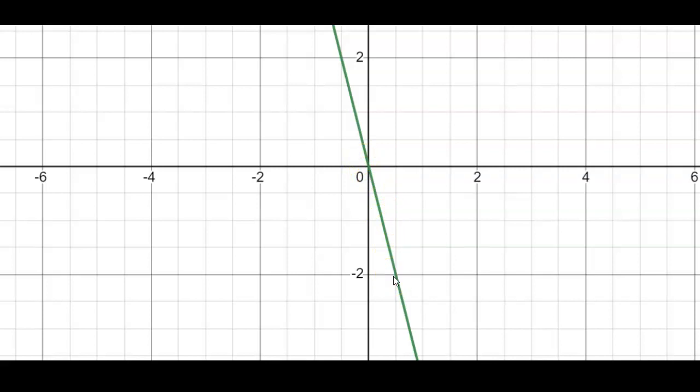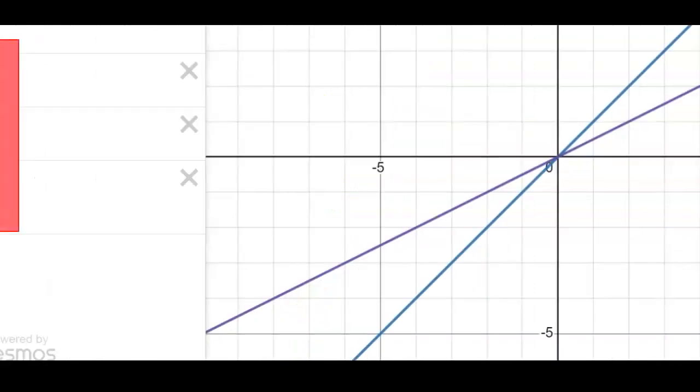Then determine the vertical change and determine the horizontal change. Simplify the fraction if possible. Then do the same for the orange line, and then do the same for the purple and for the blue lines.